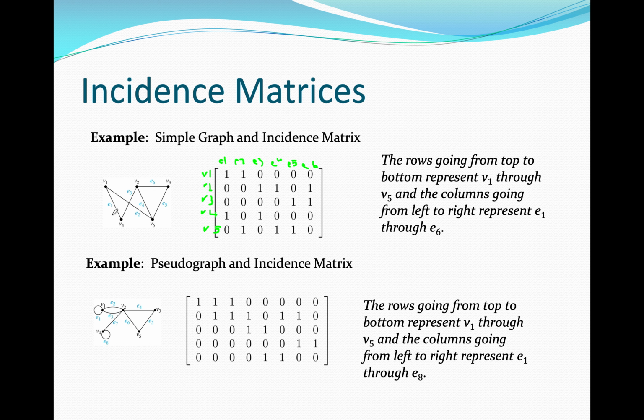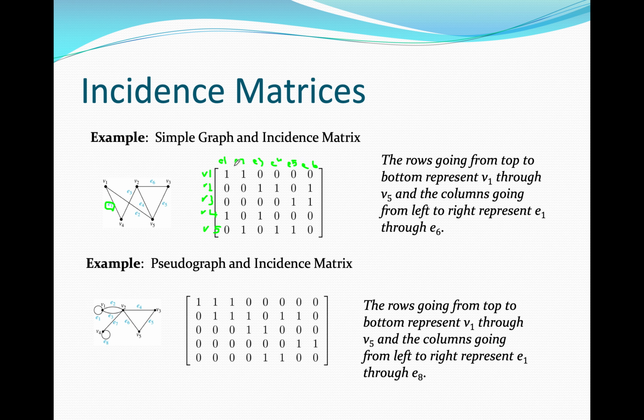So E1, where is E1? E1 is here. Alright, and E1 connects V1 to V4, right? So the E1 is incident to V1. So that's why we write, since the incidence happens, we declare it as 1.